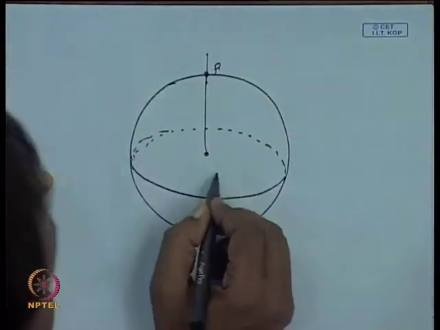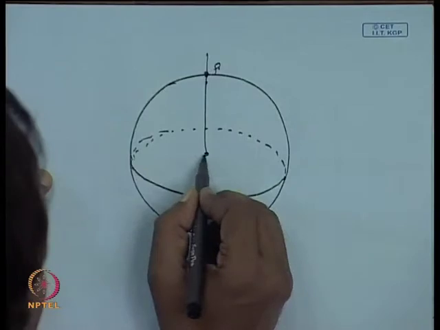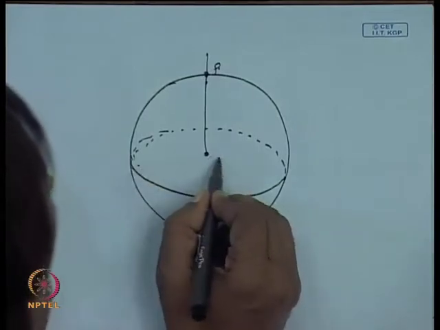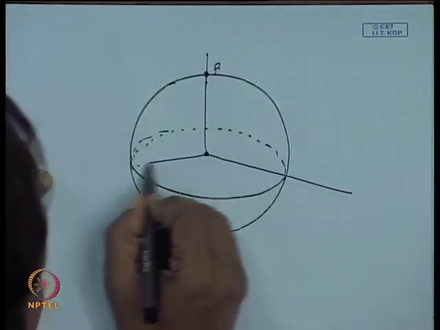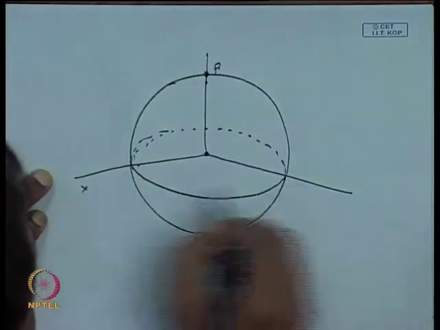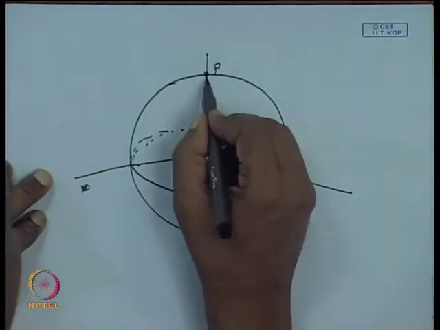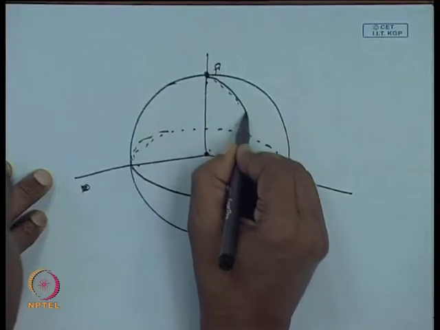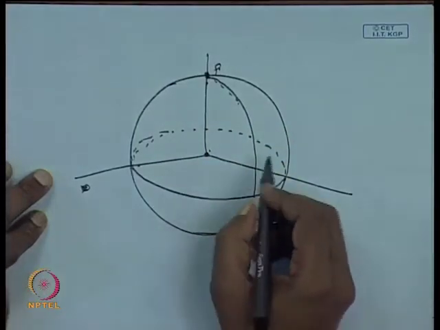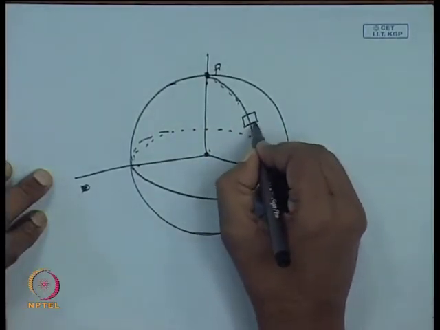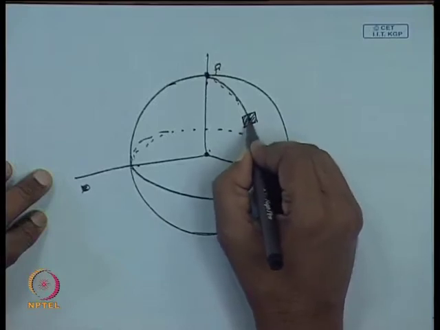This is a pole here. So, your station can be located somewhere here in this place.